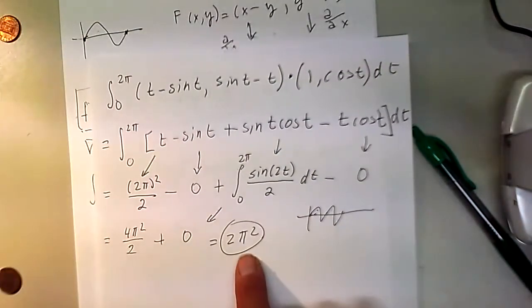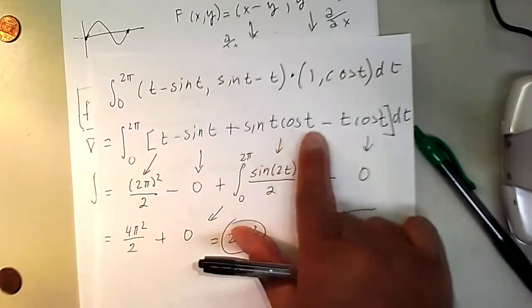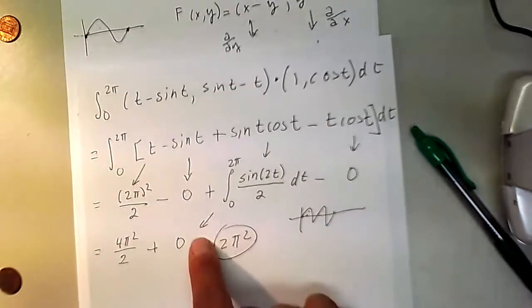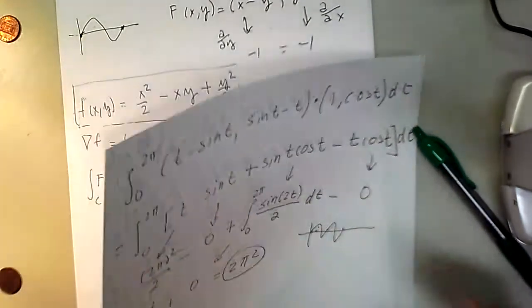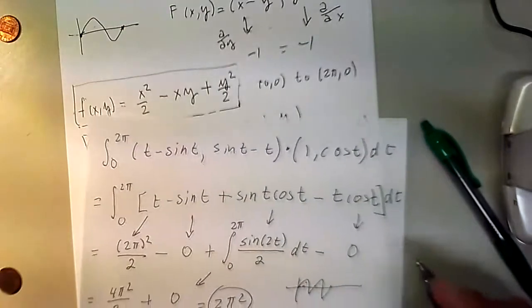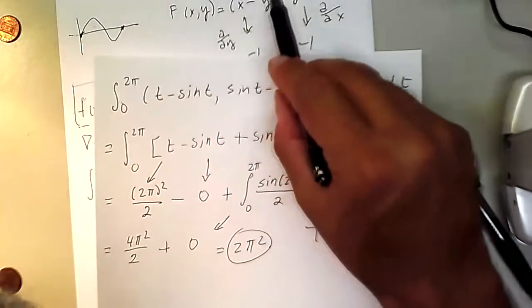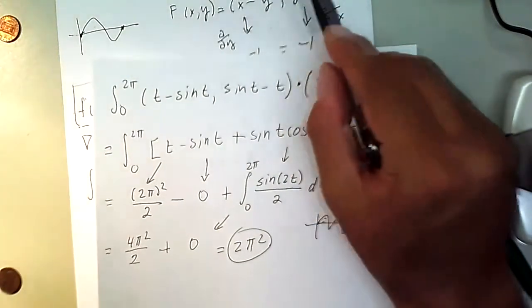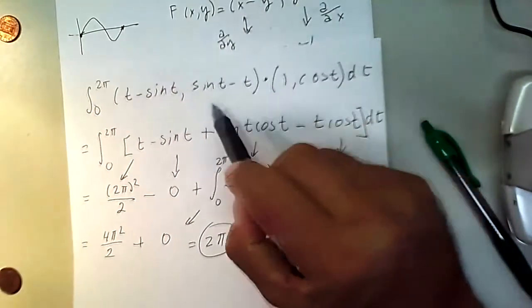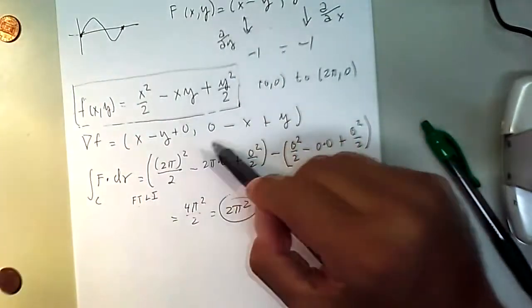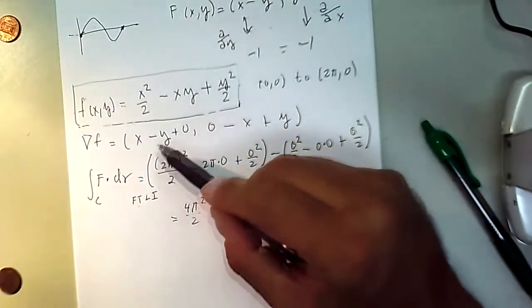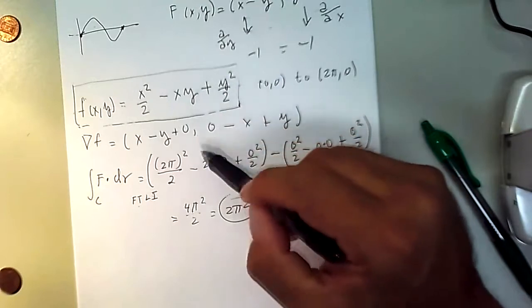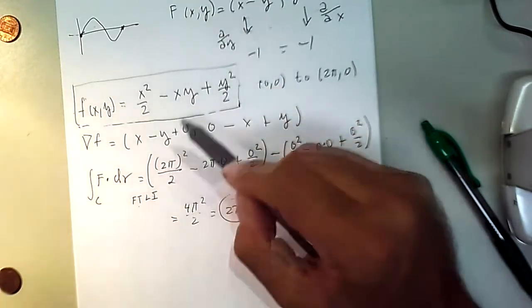But notice we didn't have to do any of the sine and cosine. We bypassed the sine function altogether, the t and sine function. We didn't have to deal with that at all. There was no sine or cosine whatsoever involved. It was reasonably simpler.